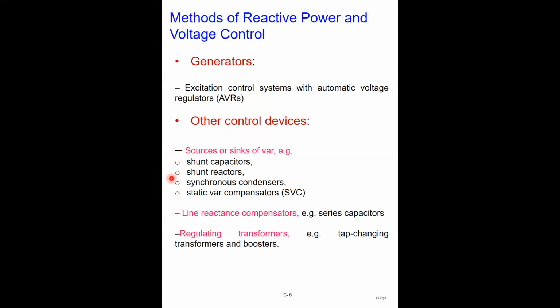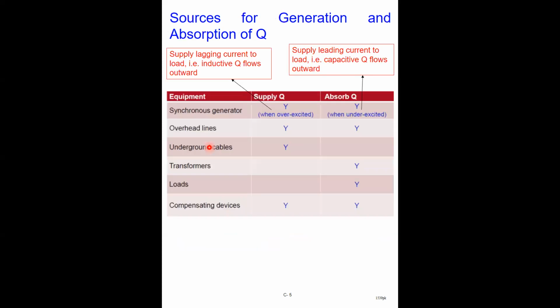As I said, you may have the requirement of reactive power from the compensating devices, either as a source to generate reactive power or as a sink to absorb reactive power.